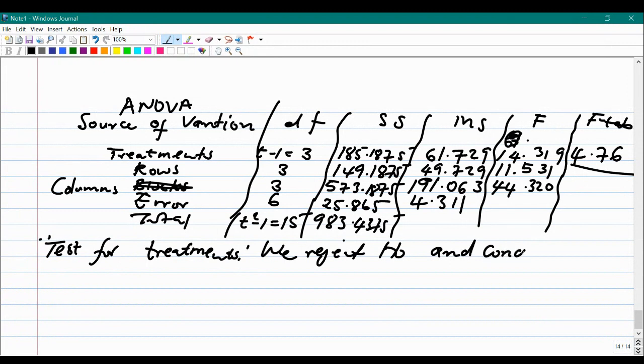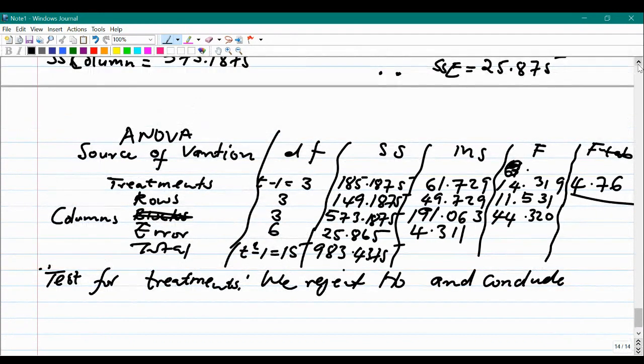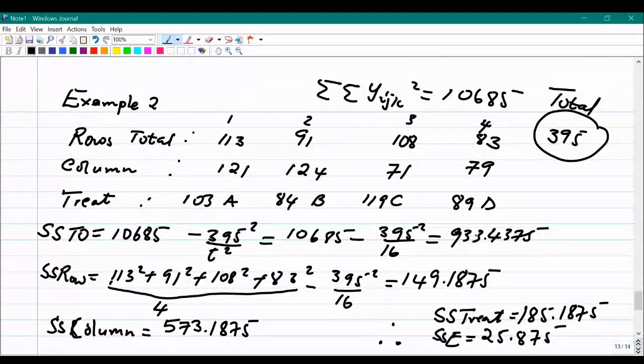That SSTO there, is it 983 or 933? The last one on SS. I was told it's 983. 933. Oh, it's 933.